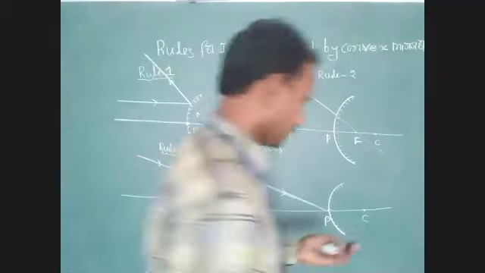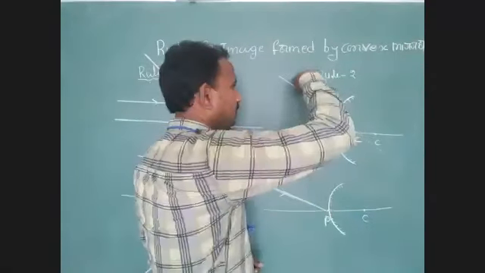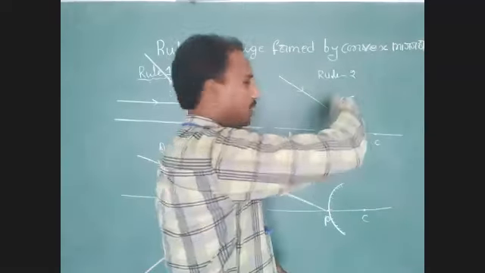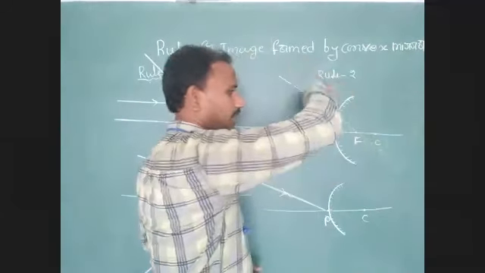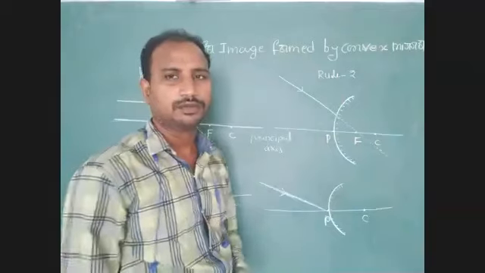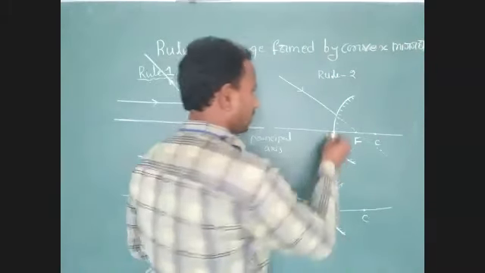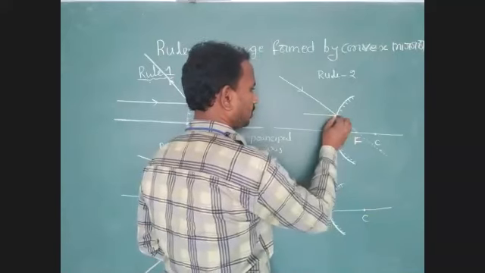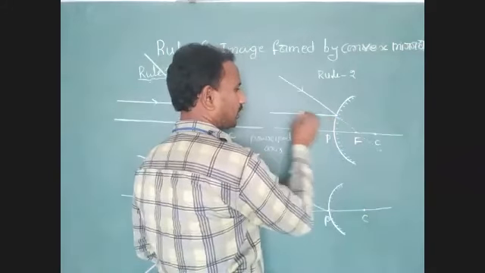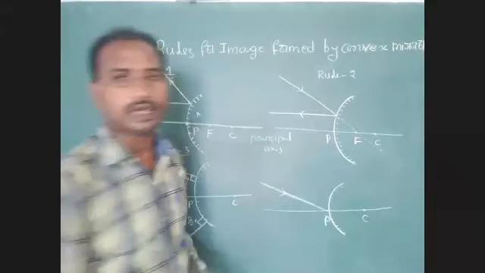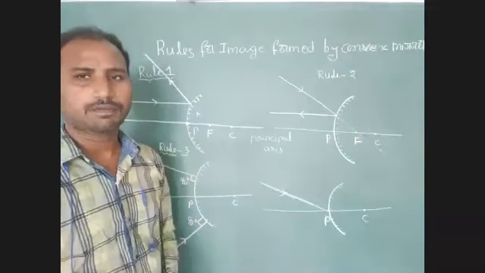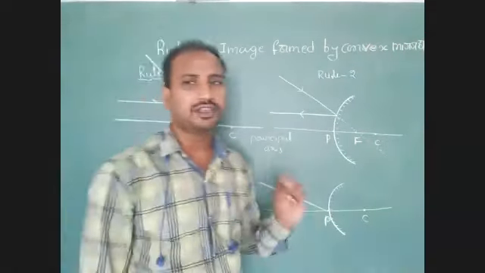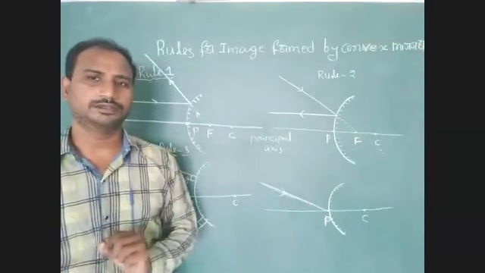The next condition: here the actual path of the incident light ray is passing through the principal focus. After reflection, the reflected ray is parallel to the principal axis. This condition is a very, very important condition.